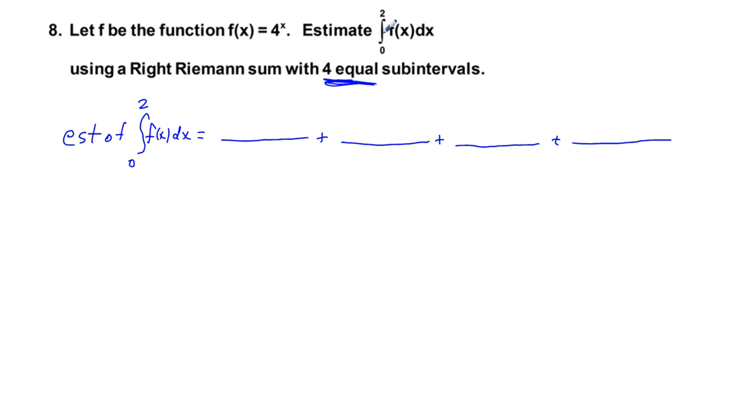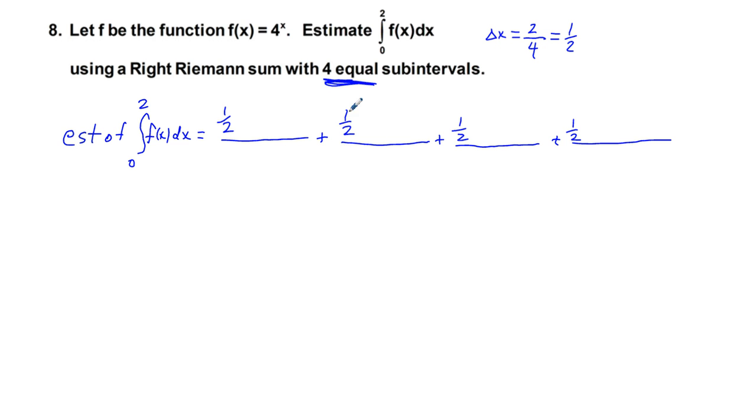Now, to find delta x, we want 4 subintervals. So delta x is going to be b minus a, or 2, divided by the number of equal subintervals. We're going to have 1/2. So each of these rectangles in a Riemann sum is going to be multiplied by 1/2.